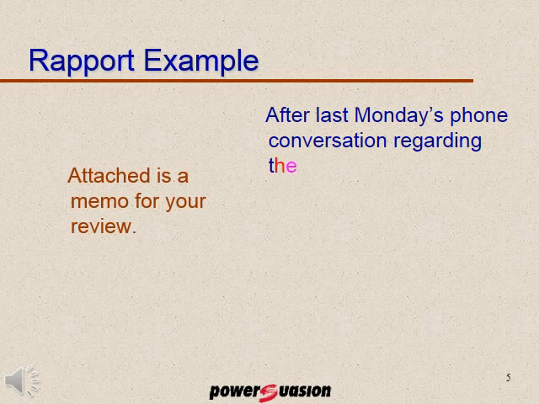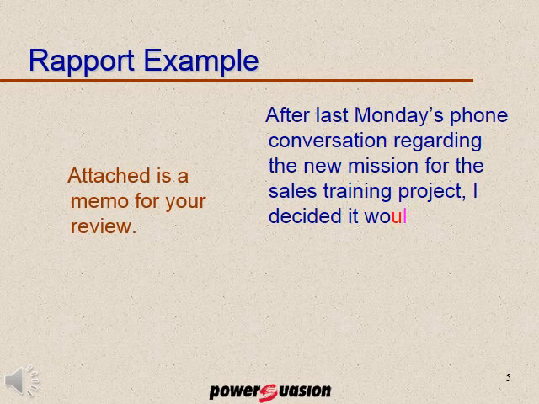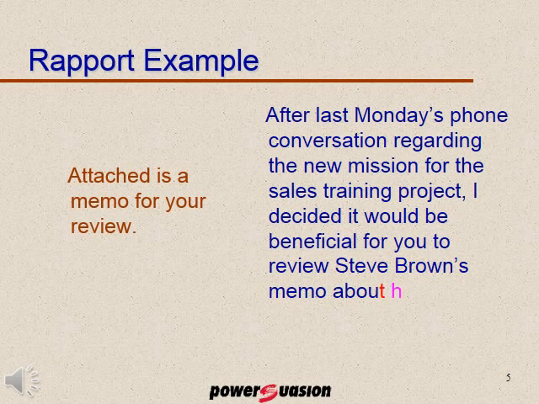Here's another example of rapport. On the left is a very cursory kind of statement, whereas on the right, the writer is giving the reader a lot of information, so the reader can go into his brain and figure out what the writer is talking about.